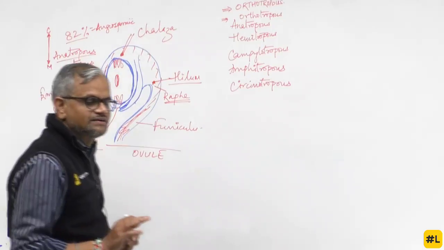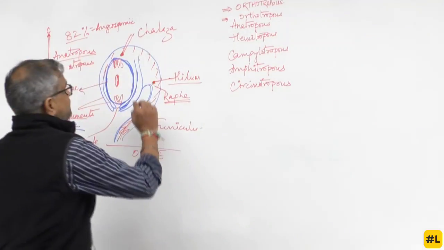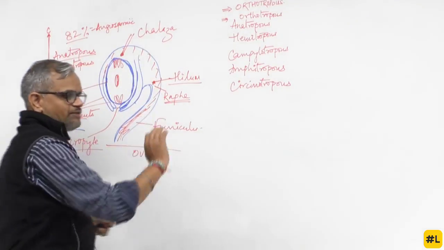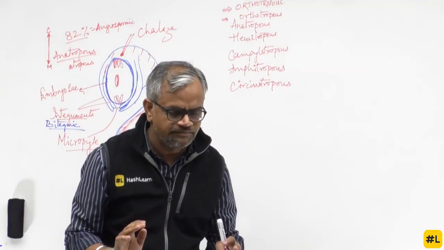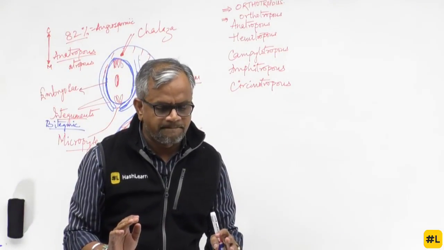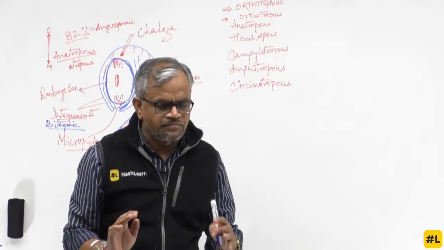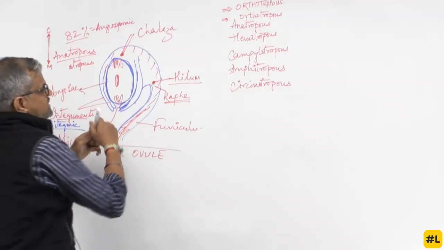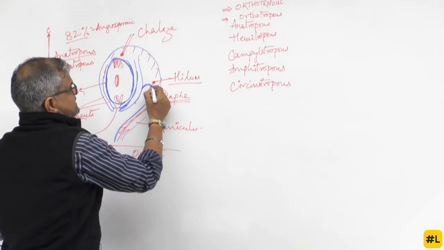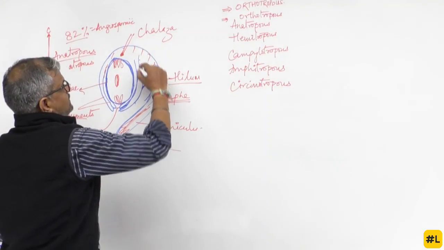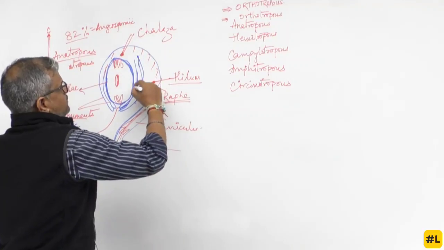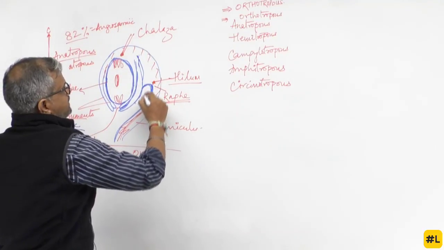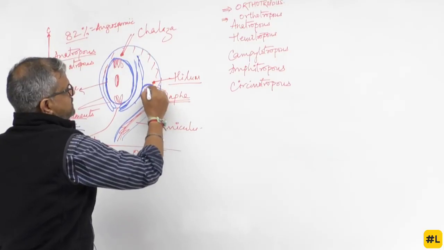Raphe is a mark, Rahul Shinde. Raphe is a mark. It's very simple, try to understand. Raphe is not an issue at all. In an anatropous ovule, when you see here, it has taken a turn. Usually this is integument, but integument takes a turn here.